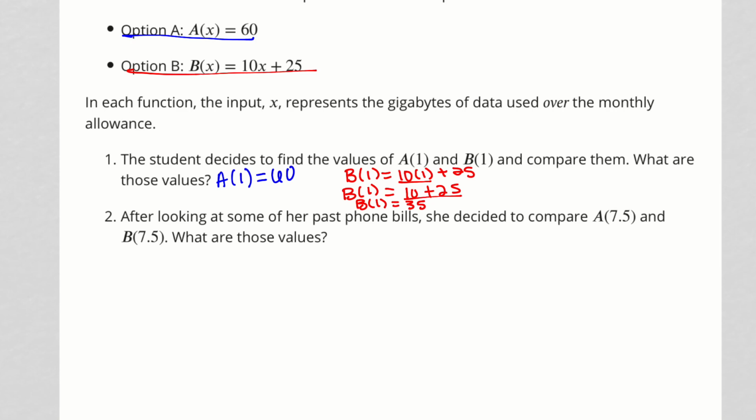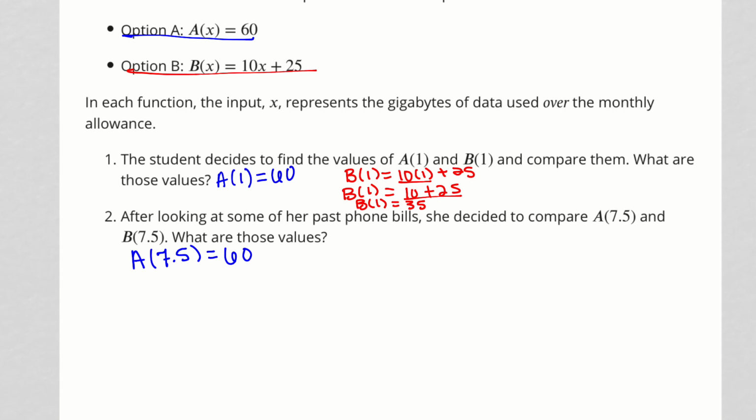Okay, so there's our values. A of 1 is 60, B of 1 is 35. Now we're going to look at some of her past phone bills. She decided to compare A of 1, or not A of 1, sorry, A of 7.5 and B of 7.5. So we have A of 7.5 equals 60.